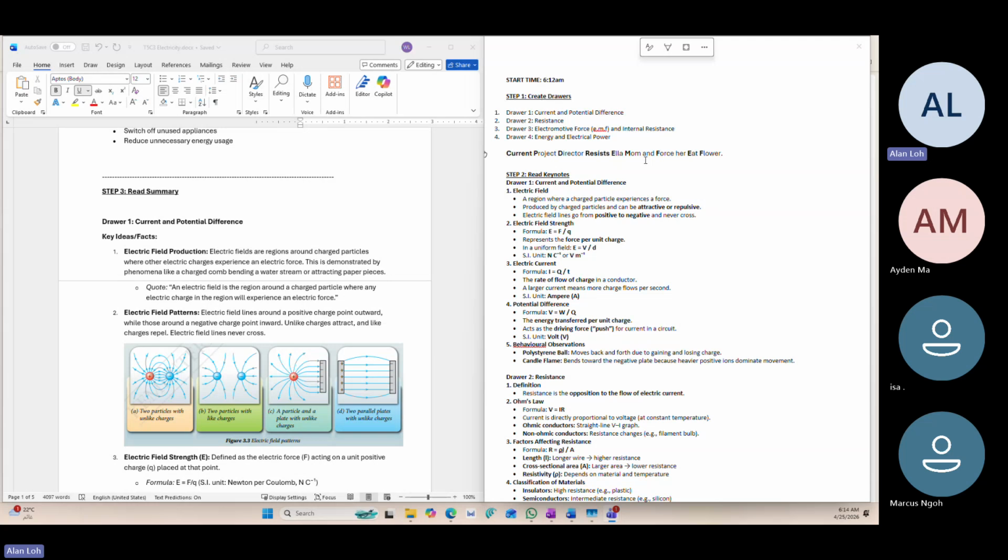Ella mommy. And force her eat flour. Eat flour is energy and electrical power. Why F? Because flour sounds like power. Right. I think it's better to have flour rather than eat power, because eat power is quite vague for you to imagine what is eat power. So eat flour sounds a bit silly.